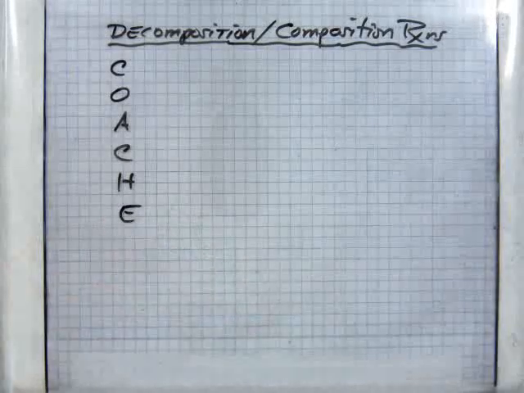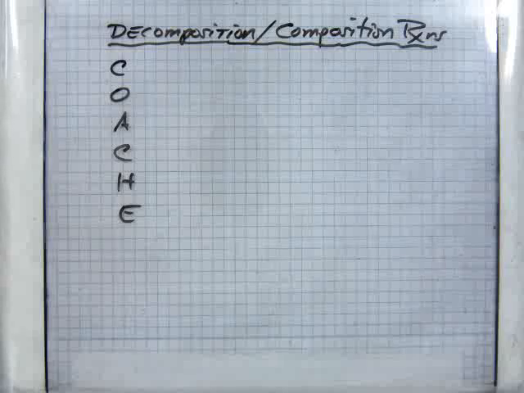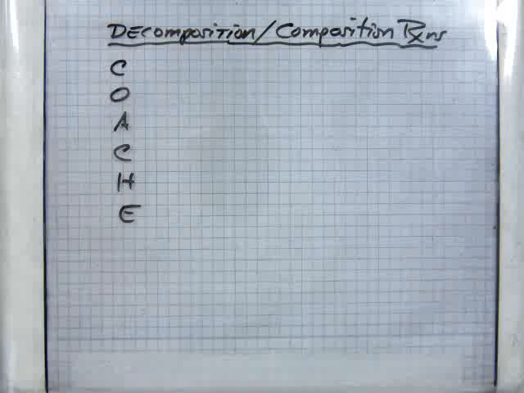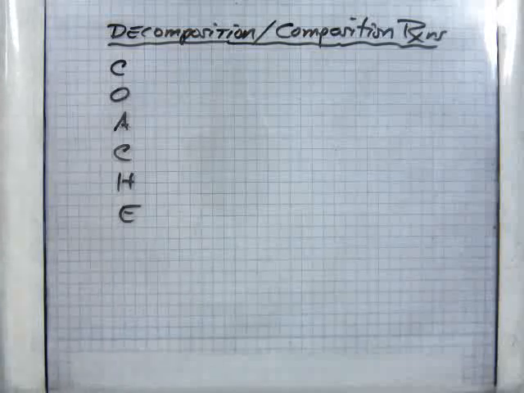So the character of decomposition and composition is that the outcome produced winds up with less than you started with. That's one general characteristic of decomp. On the other hand, composition, you start out with more than you wind up with. Decomp, you wind up with more than you start out with.